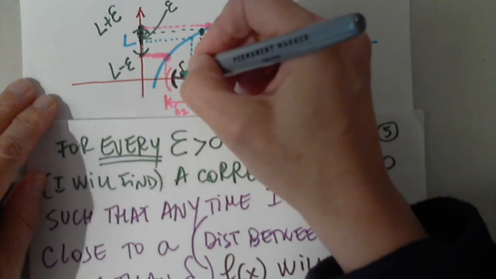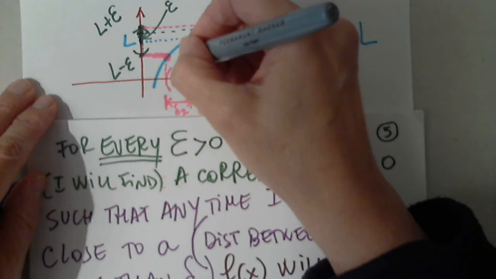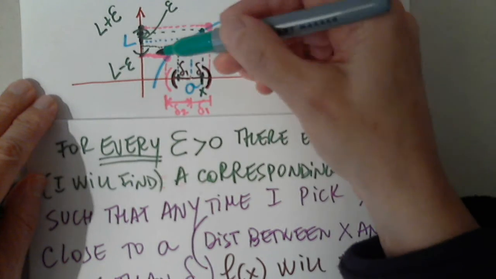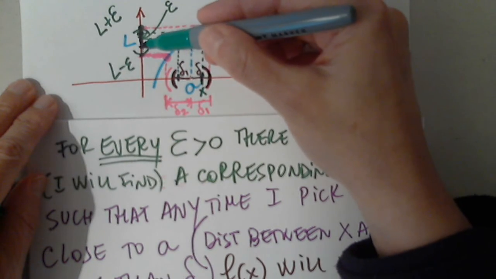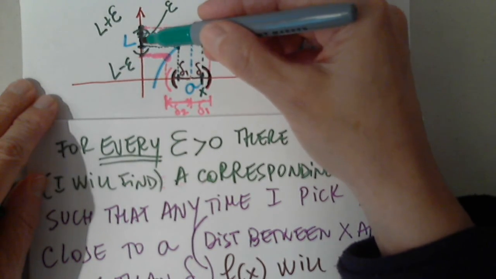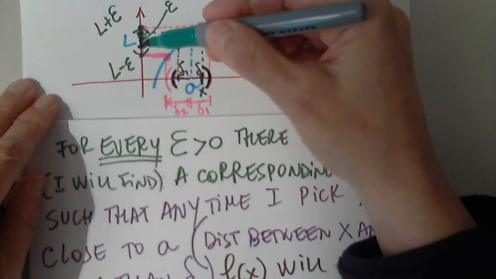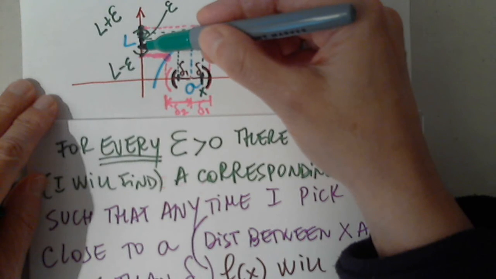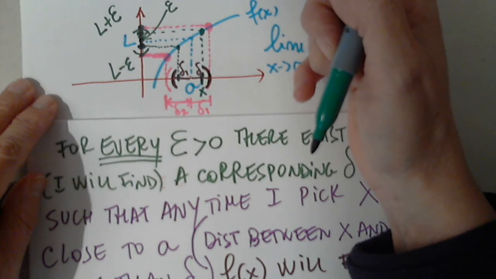Yes. If I pick x here, let's see. Will f of this x fall within epsilon, will the distance between f of x and L be smaller than epsilon? Yes.